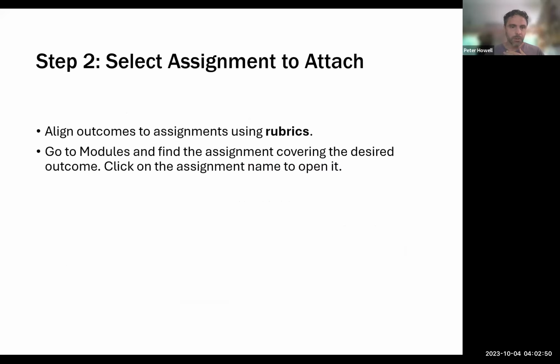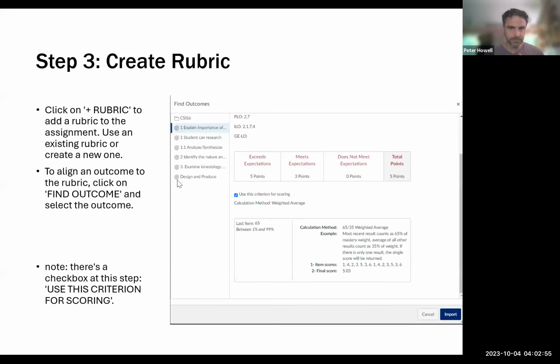So when you create the rubric, you can also use the rubric if you wanted to, or you could just do grading without one. But if you were using a rubric and you had other lines in it for the other stuff, you click on this little find outcome button and you're going to add another row to the rubric. And when you do that, you have this checkbox here, use this criterion for scoring.